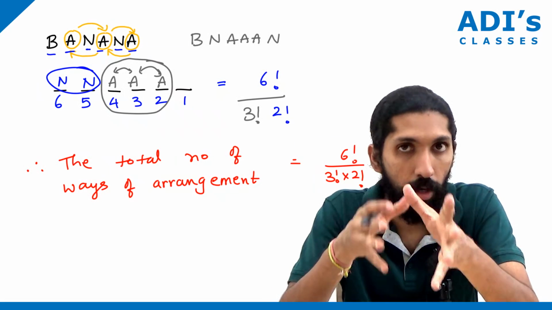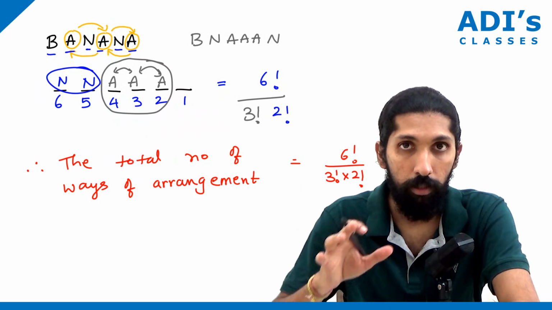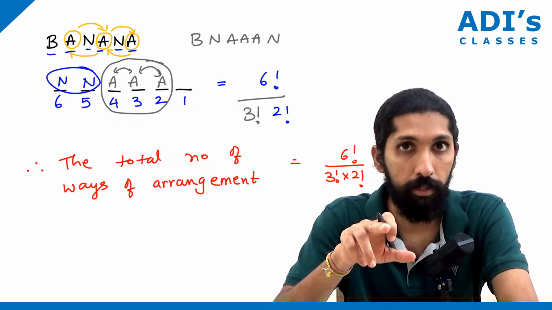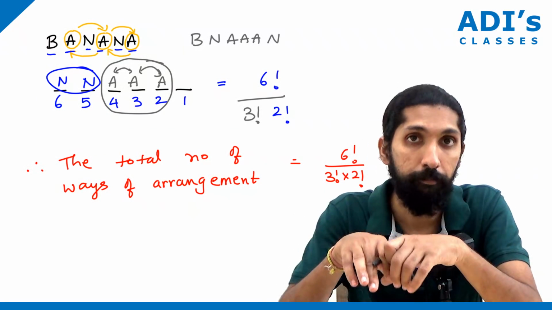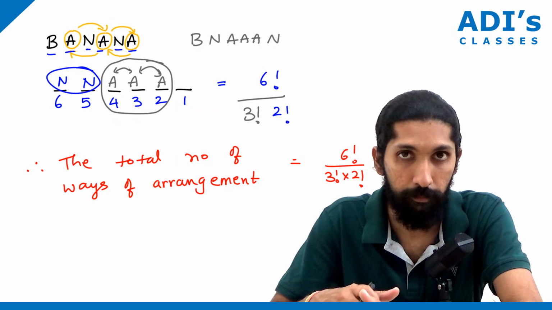I'm not going to solve this because I know you know how to solve it. The solving part is not really important. The important part is how you get it. The method, the procedure, is more important than the final answer.